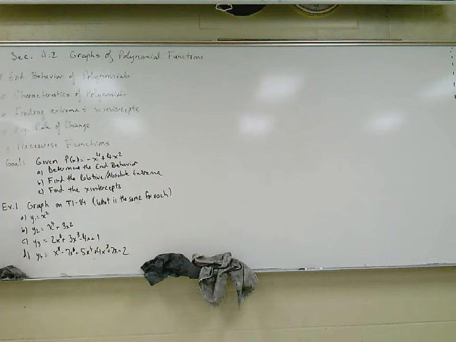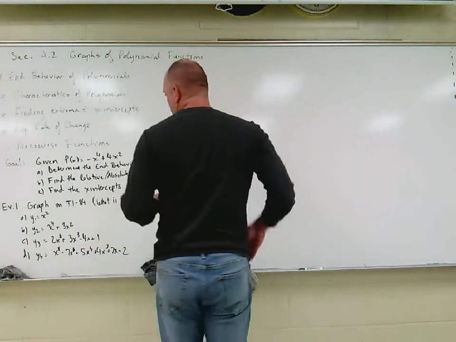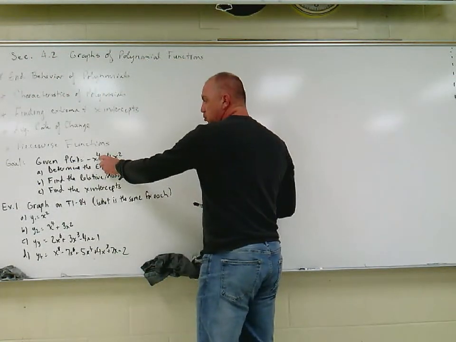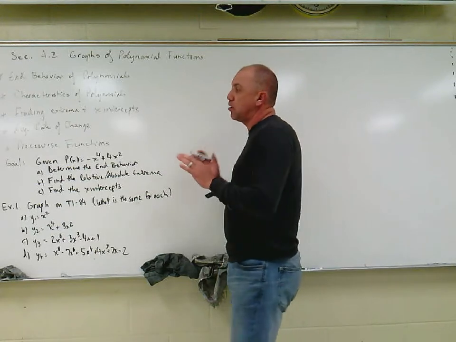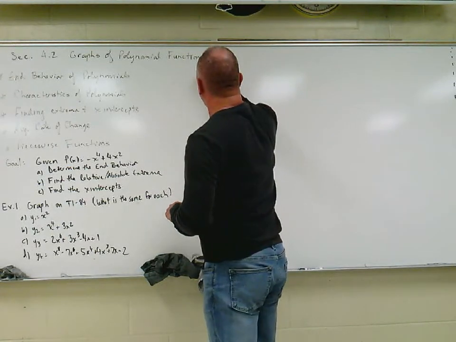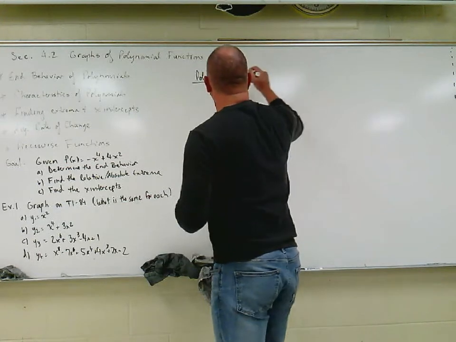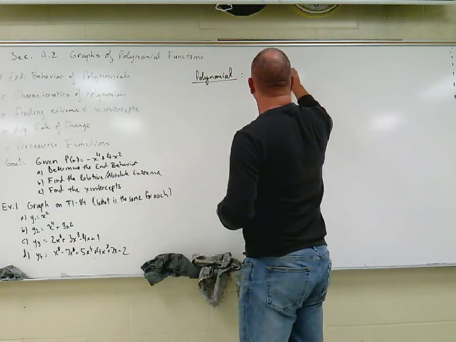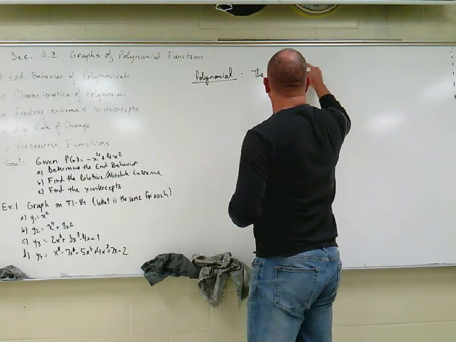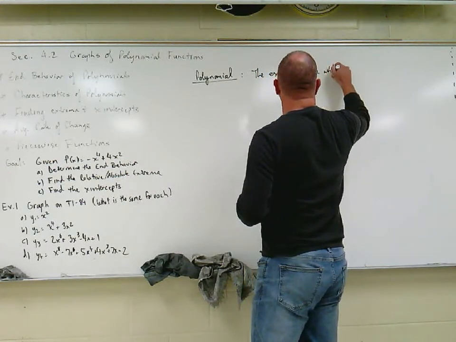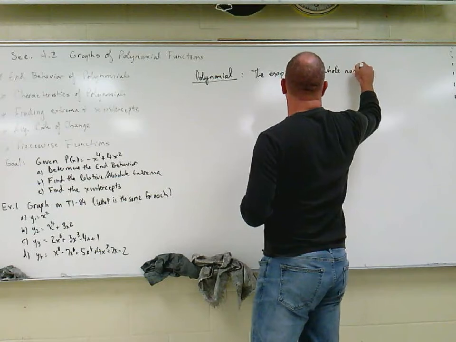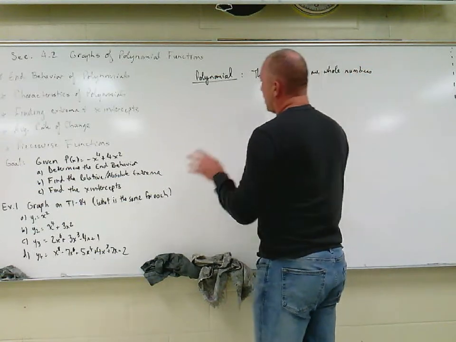So our goal. I made up a polynomial, and for instance, this will be a 4th degree. The first thing we're going to talk about with polynomials is, what is a polynomial? Well, what you're going to notice are the exponents are whole numbers. So you can't have square roots or absolute value or anything like that for polynomials.